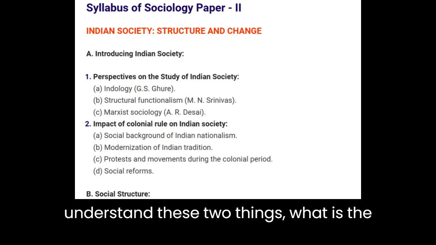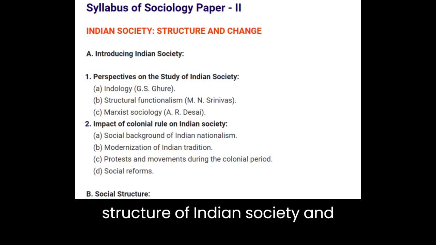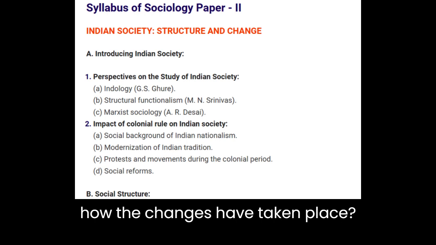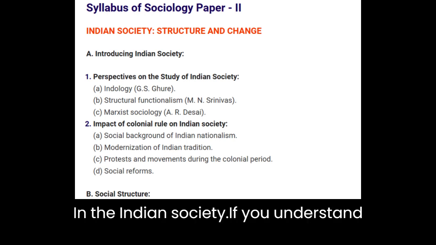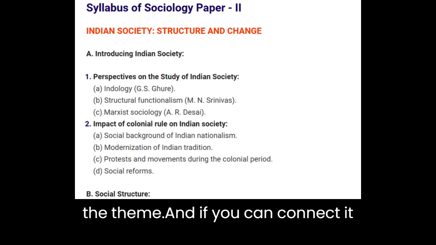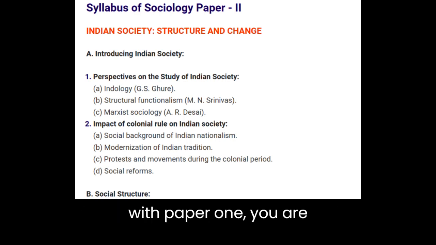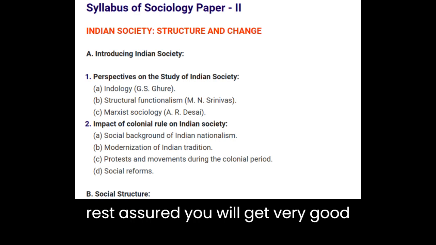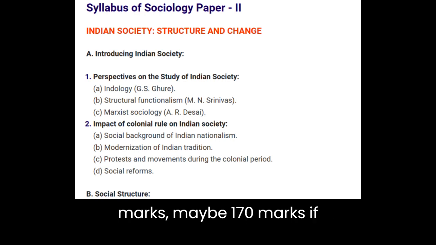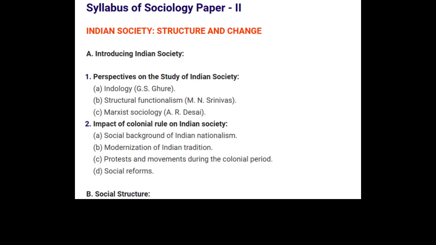If you understand these two things, what is the structure of Indian society and how the changes have taken place in Indian society, if you understand the theme and if you can connect it with paper 1, rest assured you will get very good marks, over 150, up to 160 marks, maybe 170 marks if you do well, of course.